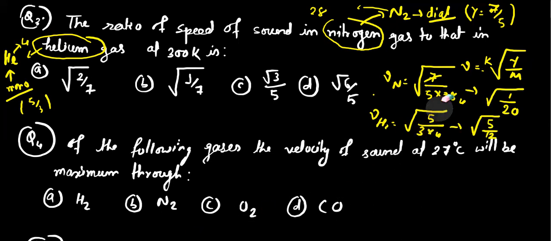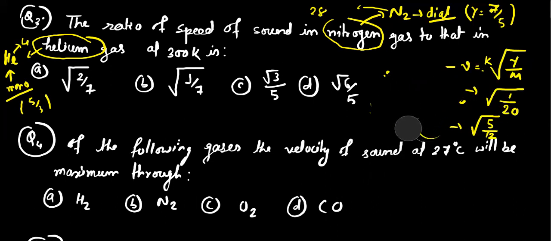Now, as we have to find the ratio of velocity of nitrogen to the velocity of helium, we just have to put these two expressions into division, and I'm going to write this expression in multiplication form.